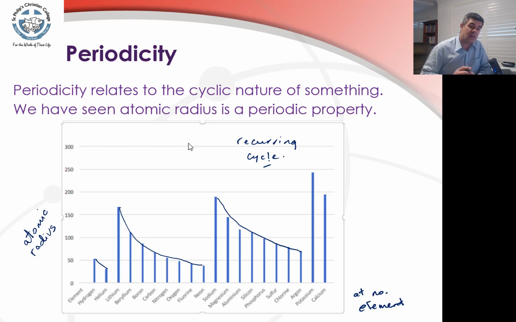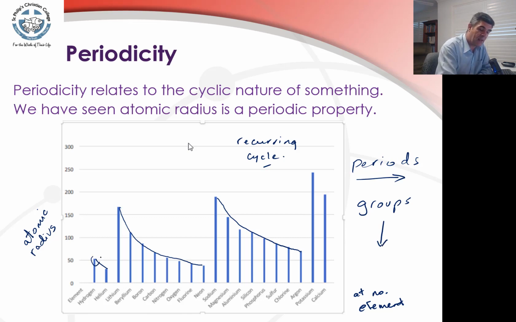But we can also see not just patterns in relation to the periods, that is the rows that go across are called the periods, but we also see patterns in the groups. And the groups are the ones that come from the top down. So I can pop hydrogen in there as an example of group 1, but I also have lithium and then sodium and then potassium.